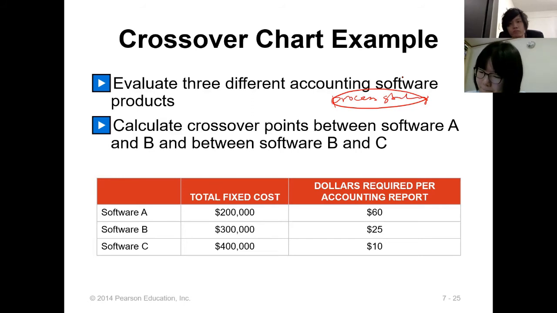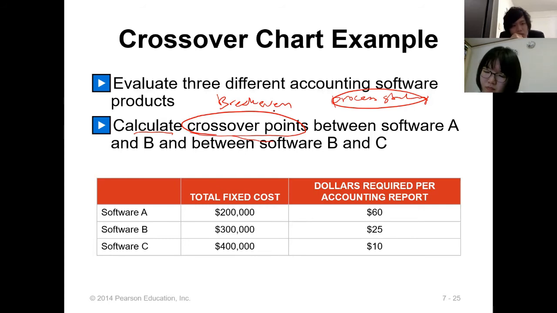I have the repetitive option, I have the product option, I have the mass customization option, and I want to calculate the crossover points, or the break-even point. It's easier to call it break-even: when the cost breaks even between the fixed cost and the volume that you need to produce.